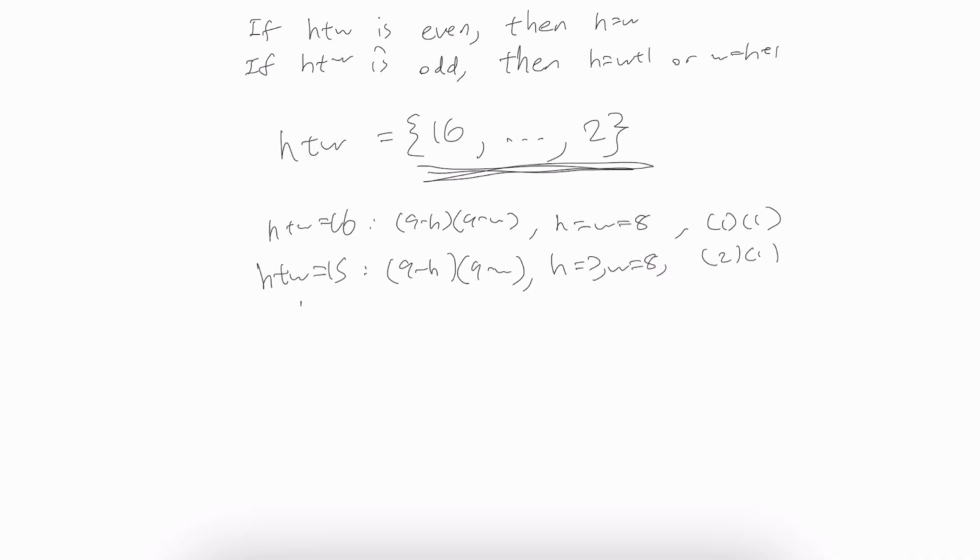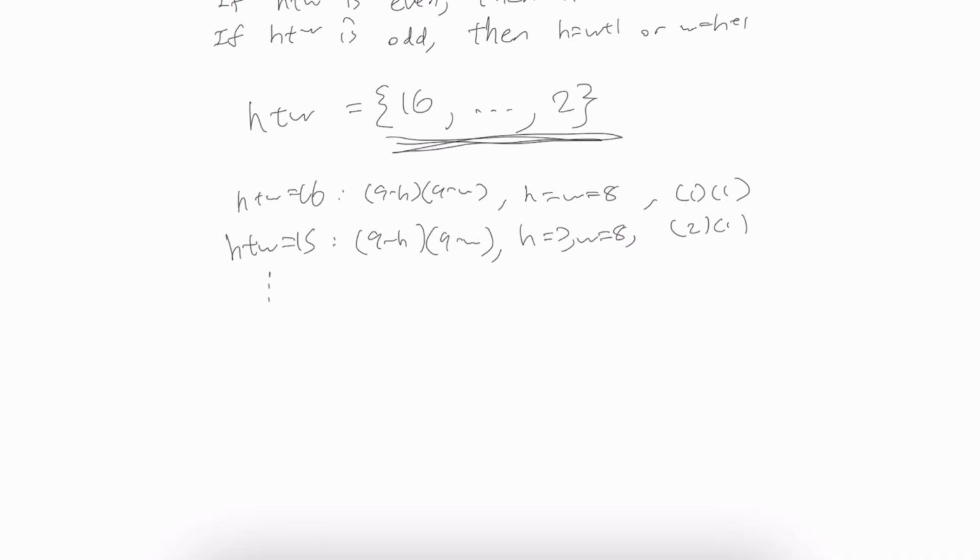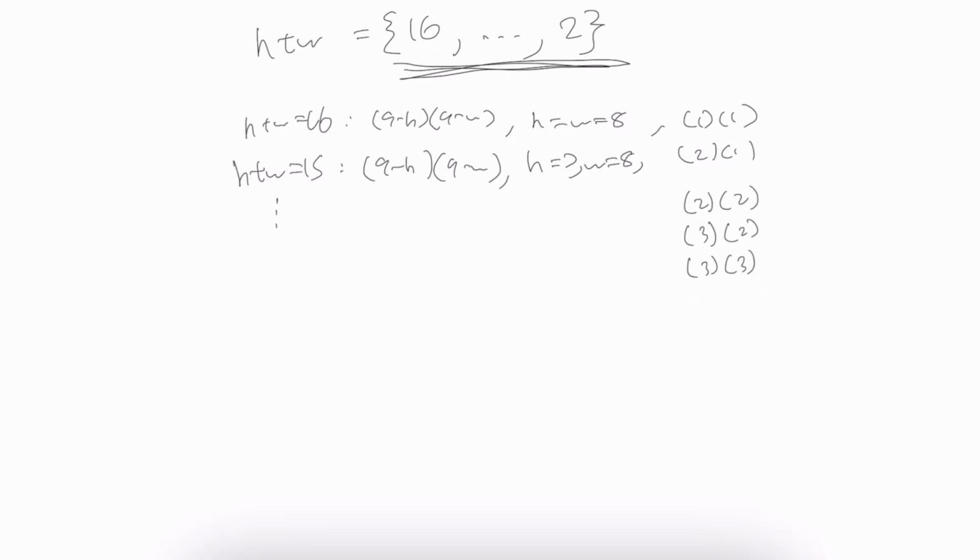Or you can continue this. You see there's sort of a pattern of you just increase one of these quantities by 1 each time, and then increasing the other one. And so for instance, just as another example, when h plus w is equal to 7, then 9 minus h times 9 minus w is maximized when h is equal to 3 and w is equal to 4.